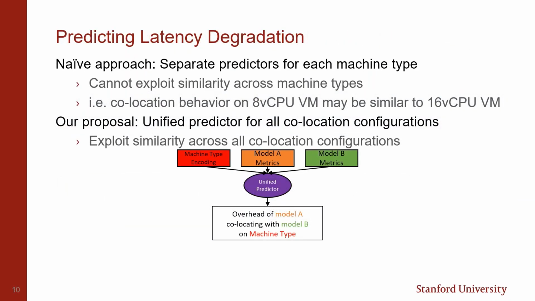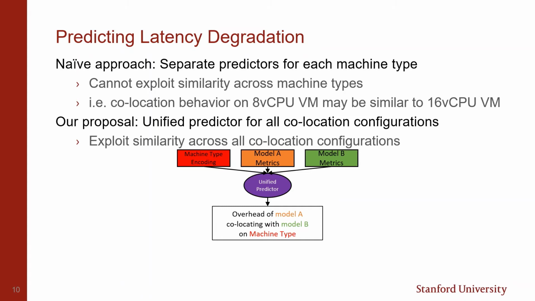So let's go over how we go about predicting latency degradation. One naive approach is to use separate predictors for each machine type. The problem with this approach is that we cannot exploit similarity across machine types. For instance, the collocation behavior on an 8-core CPU may be similar to the collocation behavior on a 16-core CPU.